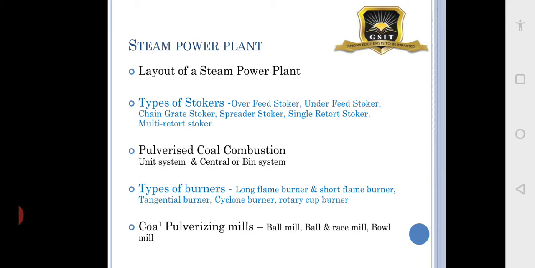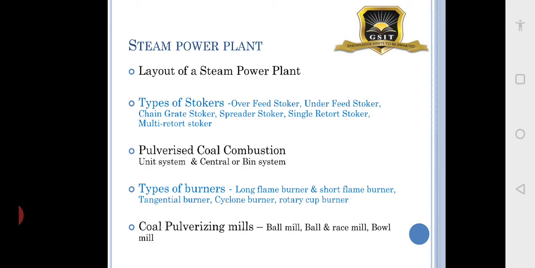Then you have got pulverized coal combustion. This lumped coal is used in very small capacity power plants, what I was telling, some 10 megawatt to 50 megawatt. But when you go for higher capacity power plants like real thermal power plants, 210 megawatt, 500 megawatt and all, they don't run on this lumped coal. They work on pulverized coal.